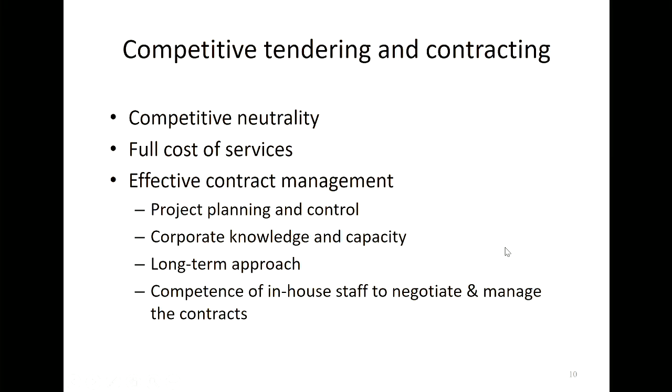Corporate knowledge and capacity: once services are outsourced, there is a risk of a loss of corporate memory. The corporate knowledge or capacity might be reduced.